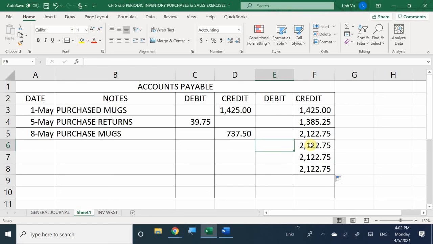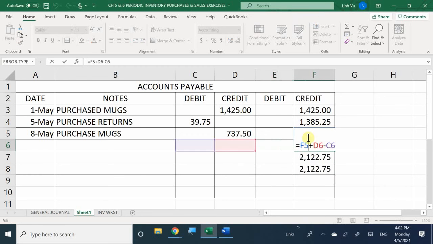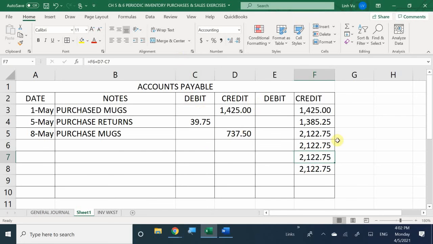So then the next time I click on this one, it's going to take my 2122, add any credits and subtract any debits. Can you click it one more time for me, please?